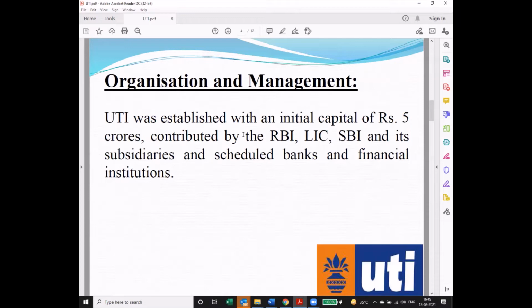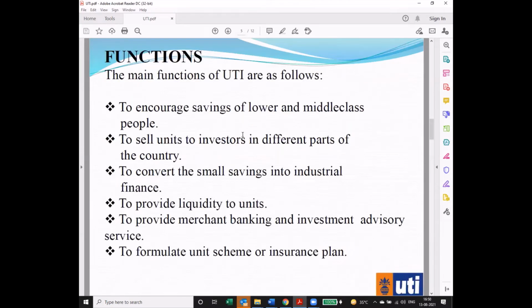Now everything is SBI, so we do not call it subsidiaries, and scheduled banks and financial institutions. But maximum coverage for UTI's capital was provided by RBI, LIC, and SBI. So we can say that these are the 3 public sector entities which own Unit Trust of India, right? At that point in time, when it was established with rupees 5 crores in 1964.